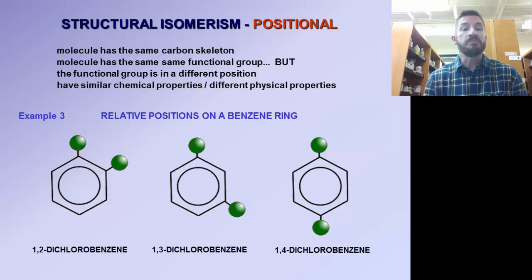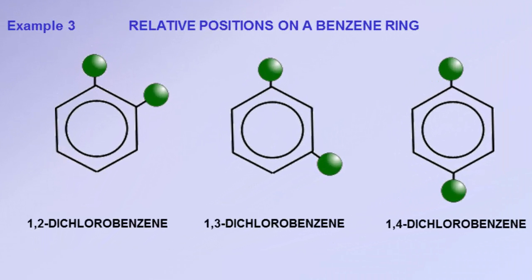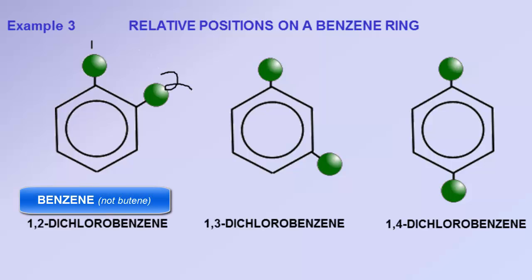Next, let's look at benzene. Benzene is C6H6, and let's say we have 2 chlorines on that. We could have 2 chlorines next to each other, and that would be 1,2, because what you do is you start numbering from the functional group. So this would be position number 1, and this would be position number 2. It would be 1,2-dichlorobenzene. Or we could move it to number 3.